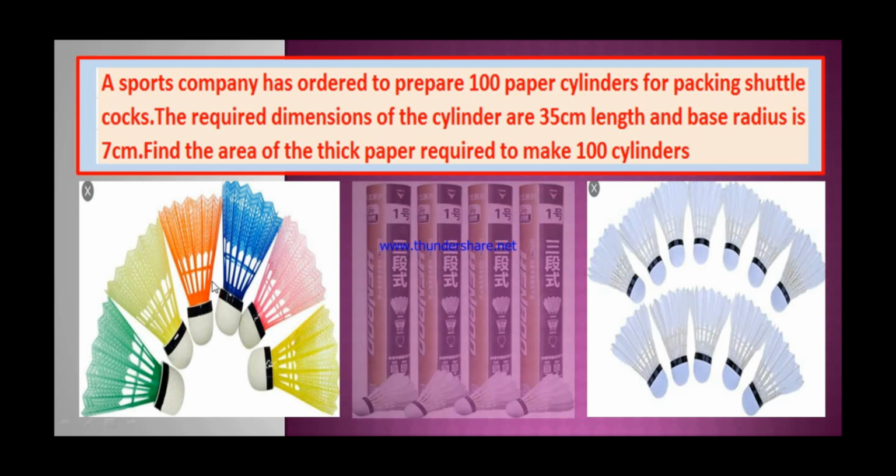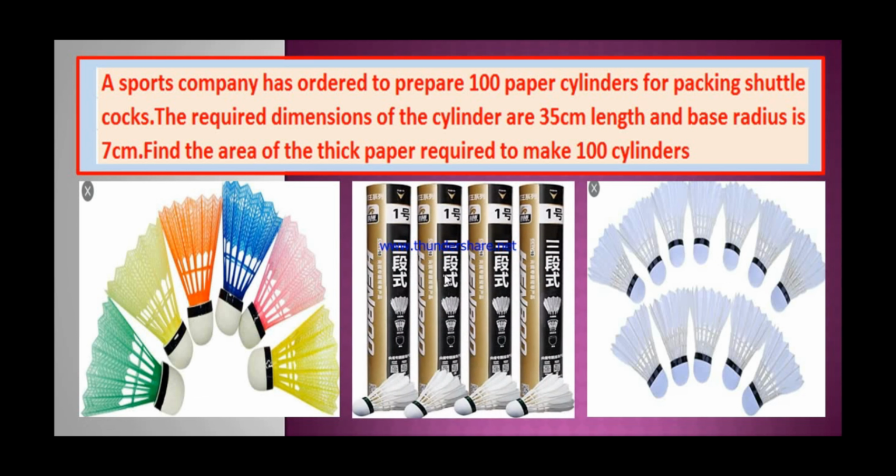Now, these shuttlecocks may be placed in this type of barrels. These are called barrels, and these barrels are made up of thick paper. We have to make 100 such paper barrels to keep these shuttlecocks inside.